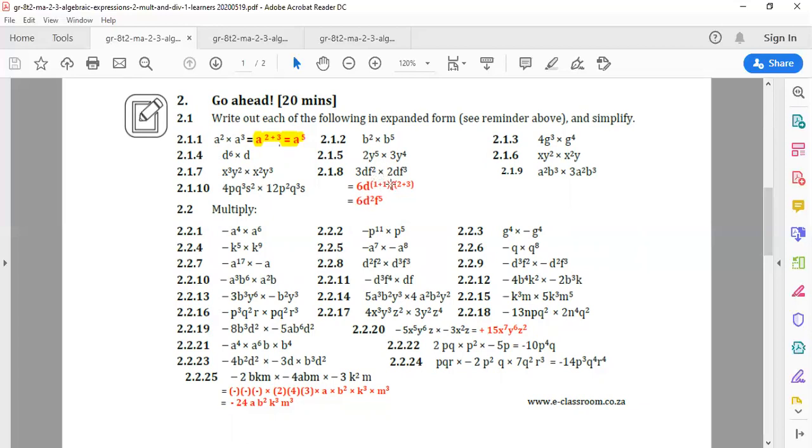And f has two exponents. The first one is 2, the second one is 3. Sorry, 2 plus 3 is 5. And your final solution is 6d squared f to the exponential 5.